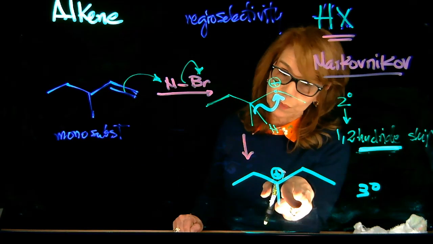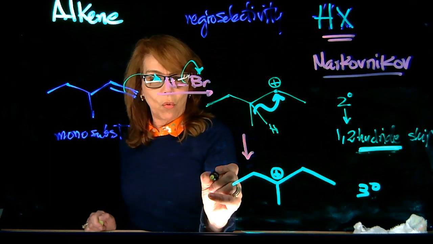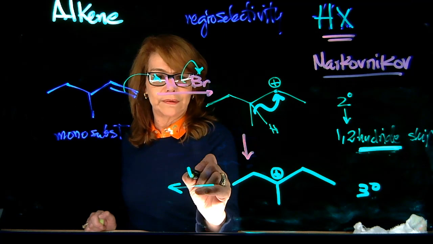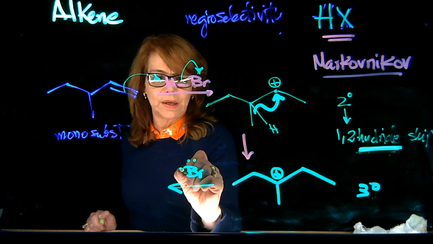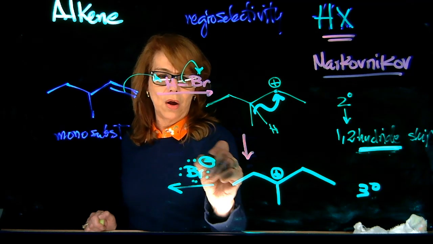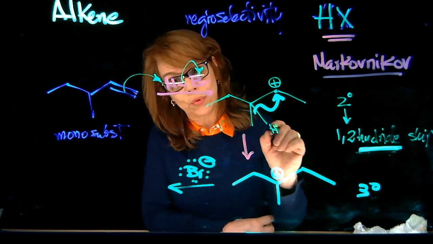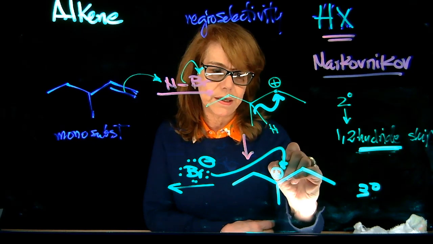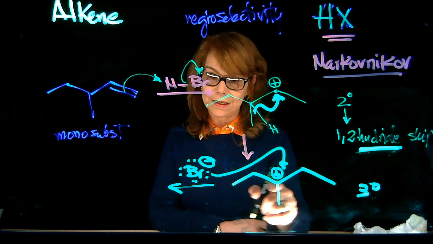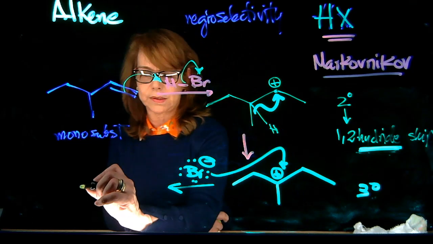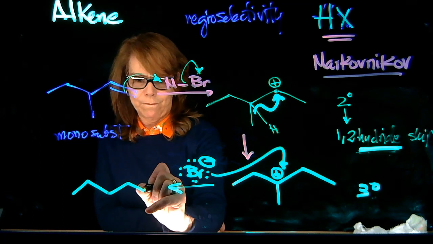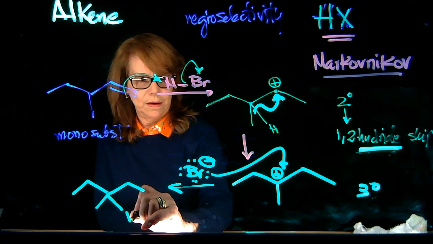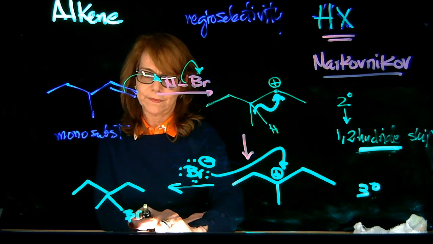So the major product is going to be from the nucleophilic attack over the more stable carbocation. So you need to do the rearrangement, and that's then your major product. Since we are not making a chiral center, we're going to have one product, which is going to be bromine and methyl.